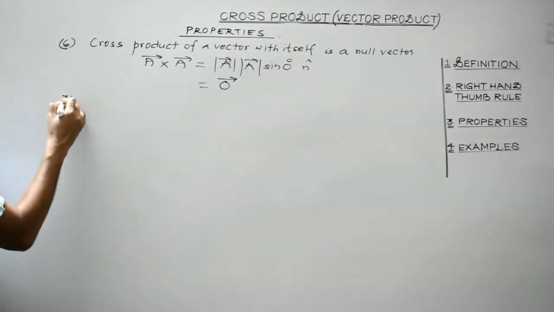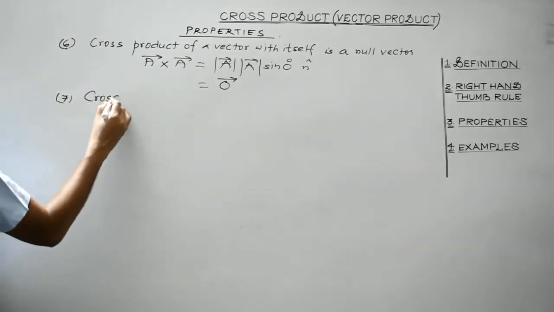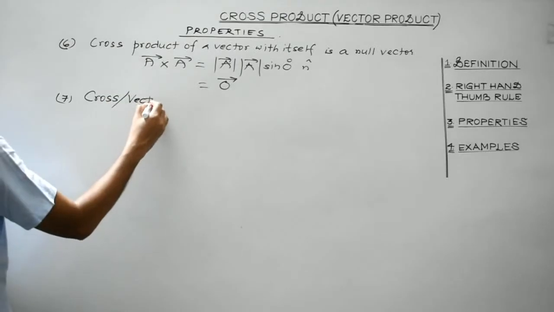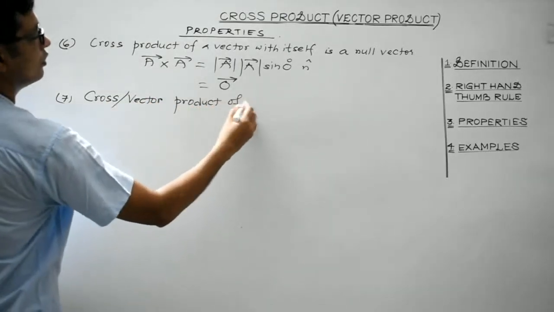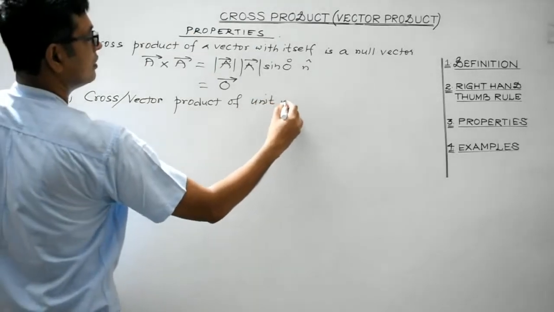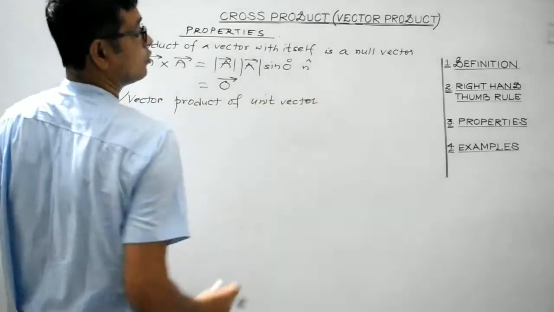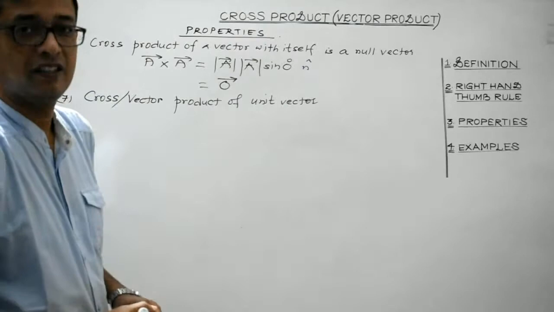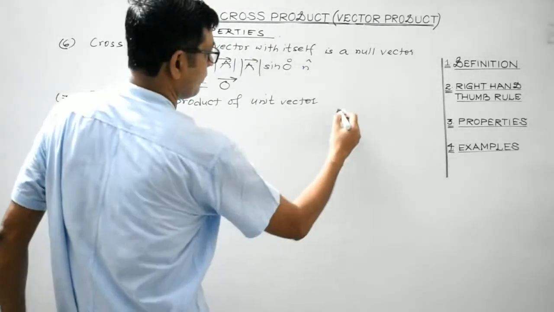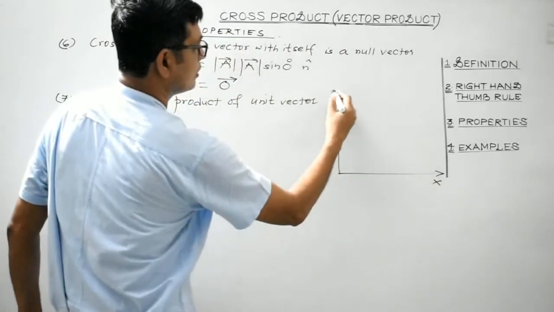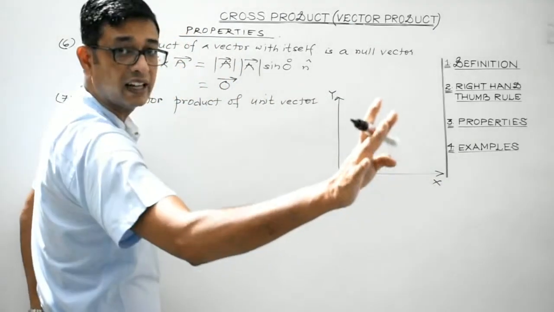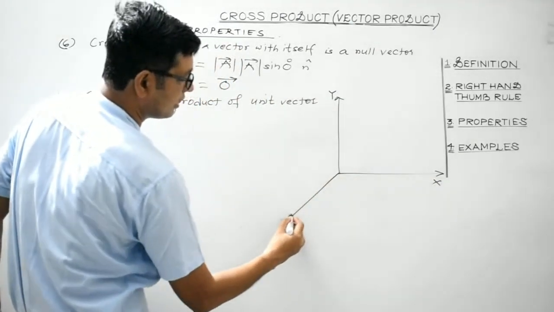Okay, now what we'll do is, let's consider the cross product of unit vectors, right? So seventh, we'll discuss the cross or vector product of unit vectors. I'm talking about i cap, j cap and k cap. Now look, students. Suppose this is the x-axis, this is the y-axis, and this one is the z-axis.